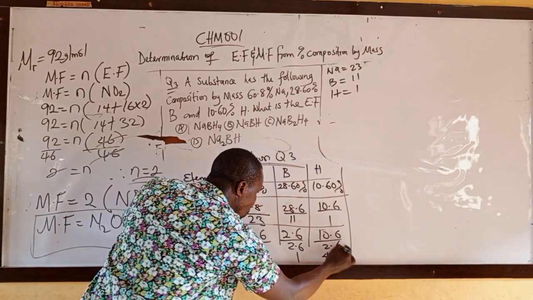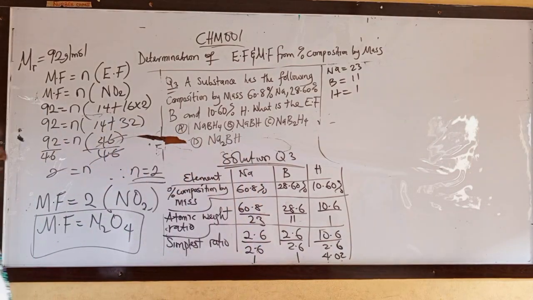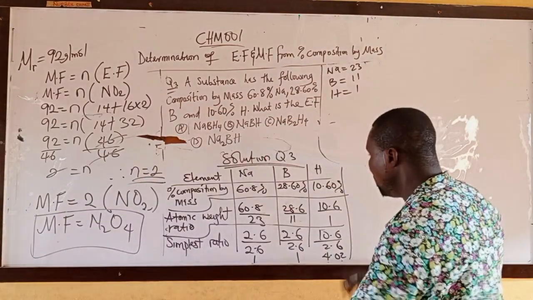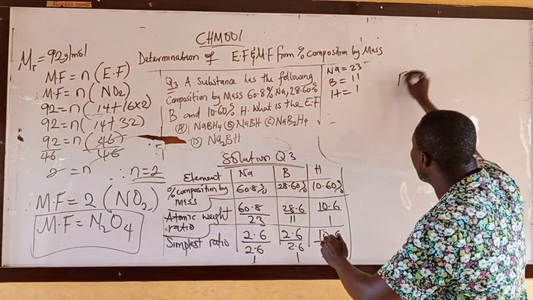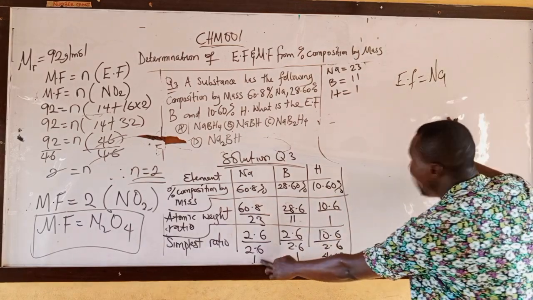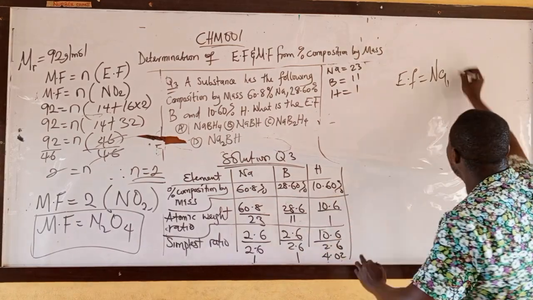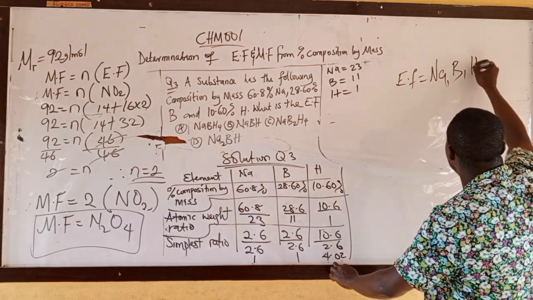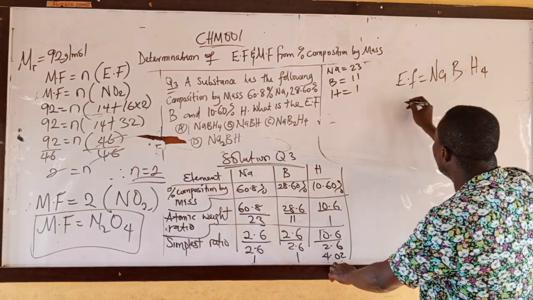If you approximate, you have 4. Then from here, what do we have? That means the empirical formula: sodium is 1, boron is 1, hydrogen is 4.